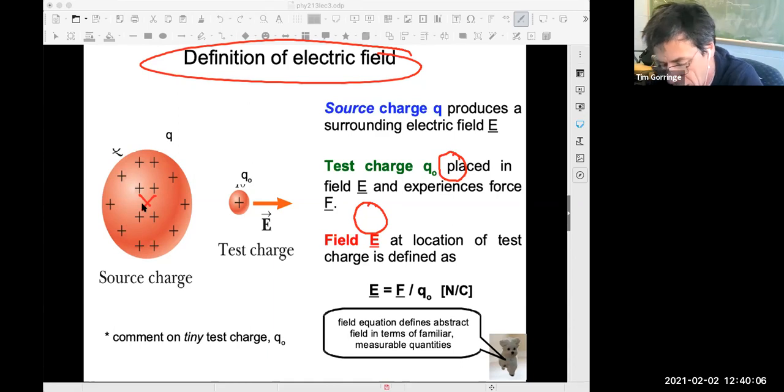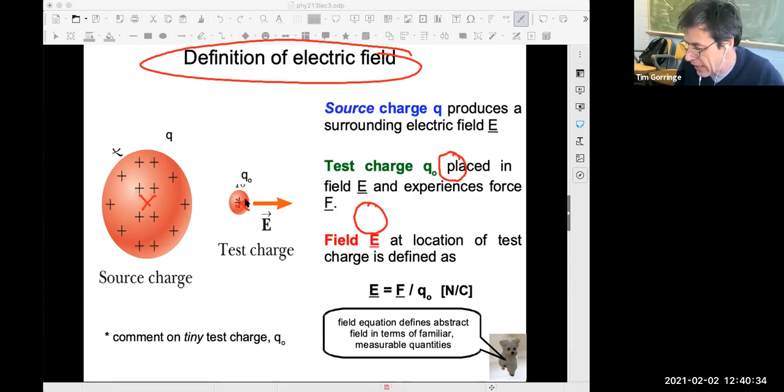And the other charge over here on the right is what we're going to call the test charge. By source charge, we mean the charge that we're thinking about, which could be charges that are creating an electrical field that fills up the neighborhood of those source charges or that source charge.